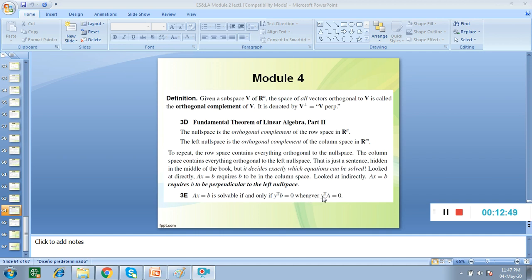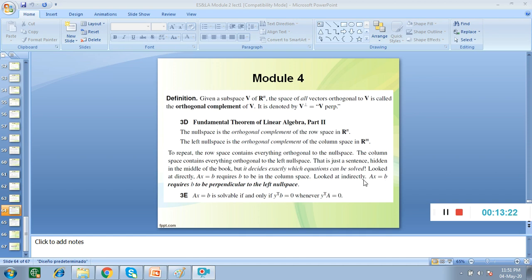So whenever y transpose A is equal to 0, then only it becomes solvable, otherwise no. The meaning is, let y transpose A be equal to 0, means this y transpose is a row matrix, and this row matrix is orthogonal to A, and this y transpose should be even orthogonal to this b.